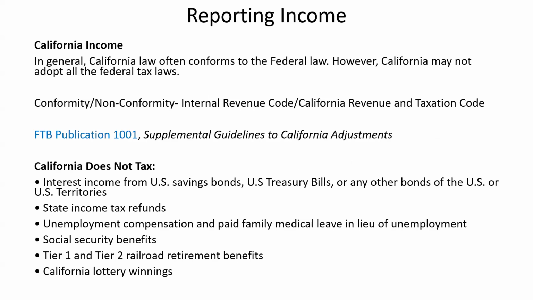Okay, and a couple things about California. We've already talked about Publication 1001. It actually does an excellent job talking about California adjustments, and that's both for income and deductions. And there's certain things that you cannot deduct on your federal return that you can deduct on your California return.